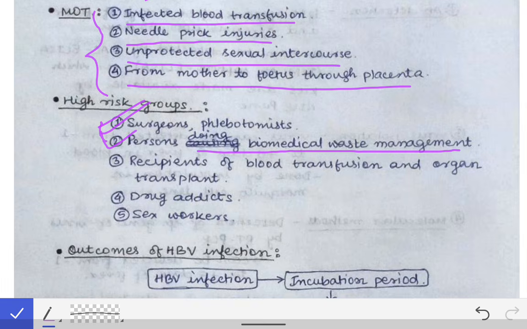Other than that, the recipients of blood transfusion are also a high risk group. The drug addicts, as they take the drug dose with the same needle and syringe, again have a chance of getting the infection. And of course, sex workers are also at high risk of developing these infections.